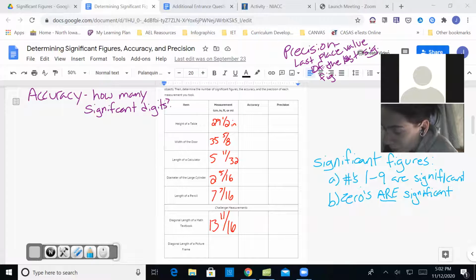They are significant when they are between significant figures, or when they're to the right of a decimal point.